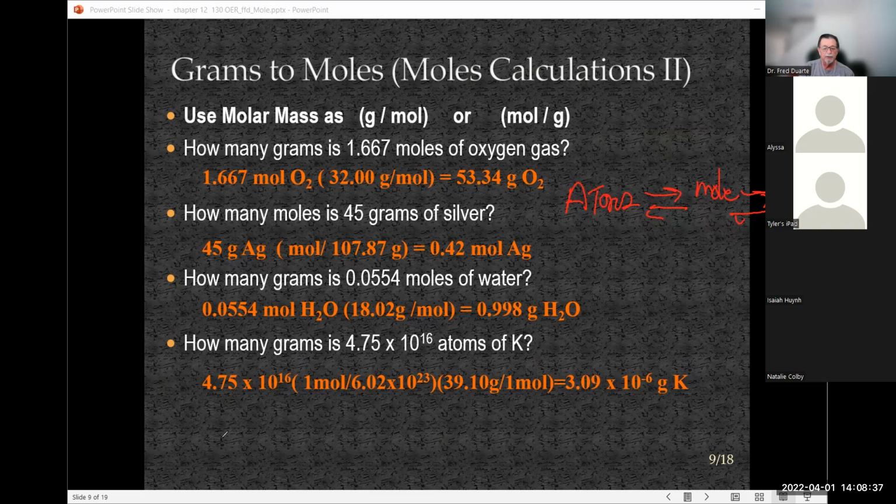All right, and let me write this a little bit better here. So atoms, molecules, whatever you want to count with, go to moles, and grams.